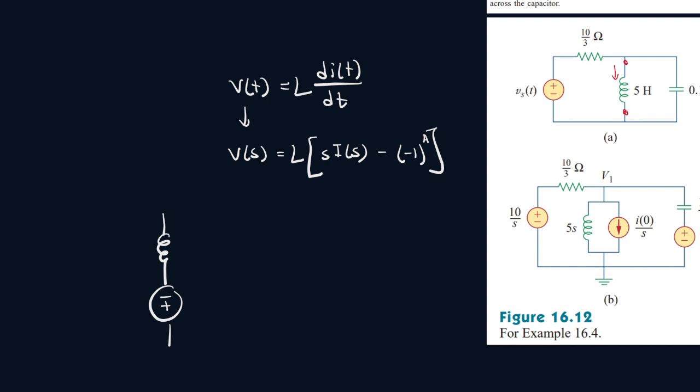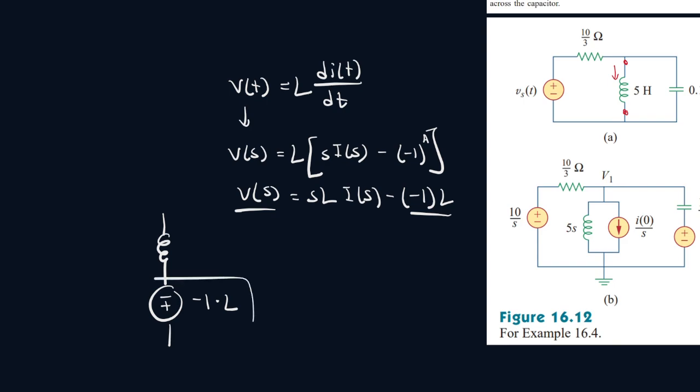We can include a voltage source like this, and its voltage will be minus 1 times the inductance value, because if we follow this through into our equation, the voltage source is also dependent on minus 1 times L. So this is minus 1 times L.